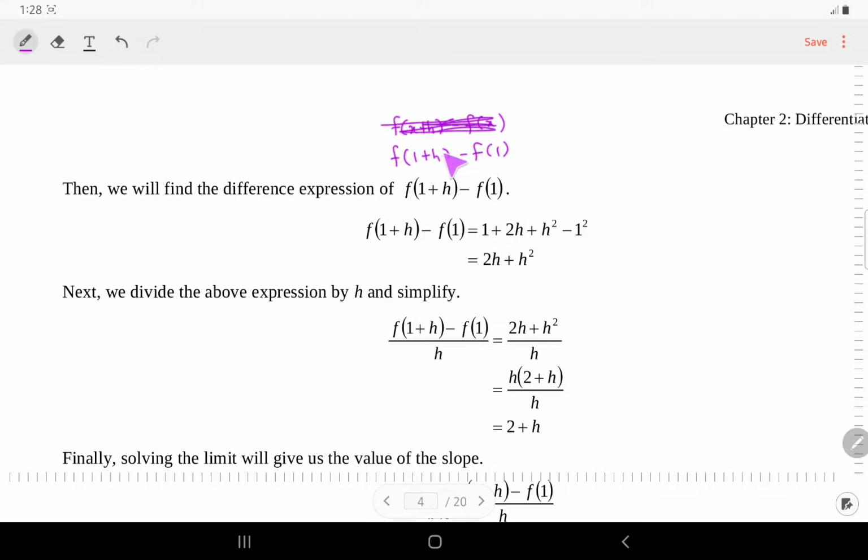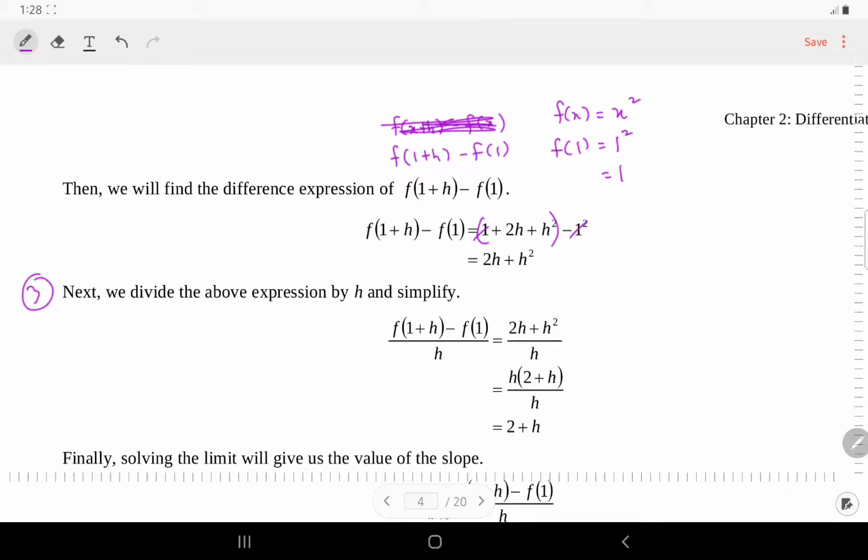Okay, f(1 plus h) kita dapat daripada yang tadi, iaitu yang ni, minus f(1). F(1) means that ini original equation kita tadi. So kalau f(1) meaning that we need to change x into 1. So x ni gantikan dengan 1. So it is equal to 1. So jadi minus 1 square lah kat sini. So it will become 1, ni boleh potong. Okay, 2h plus h square. And then this is the third step.